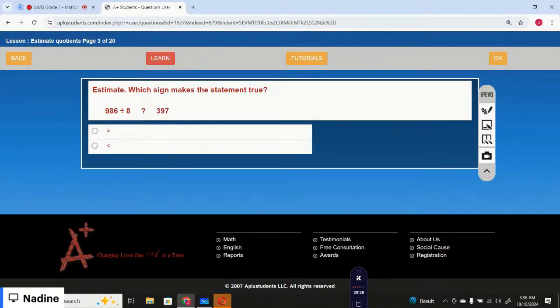Okay, which is the correct option? 986 divided by 8 and you have to compare it to 397.